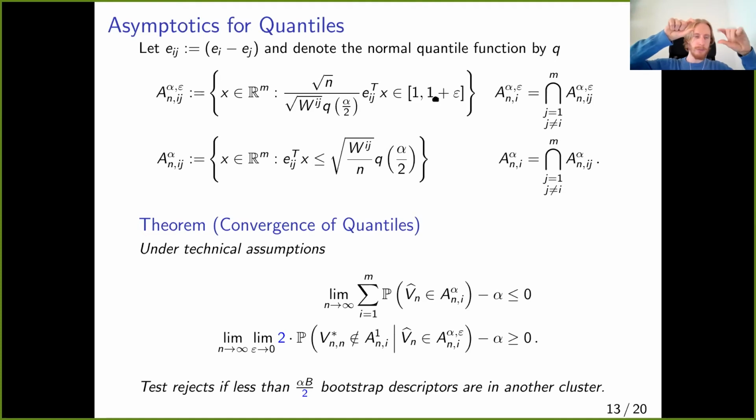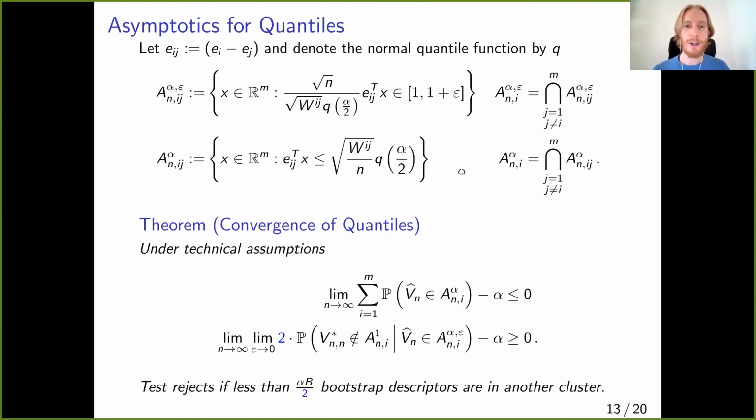So if our minimum i is down here, and this here is the distance of the alpha half quantile, so the inverse of this term here, then we have a band here in which all the other minima lie, okay? If you think of this as a one-dimensional function.